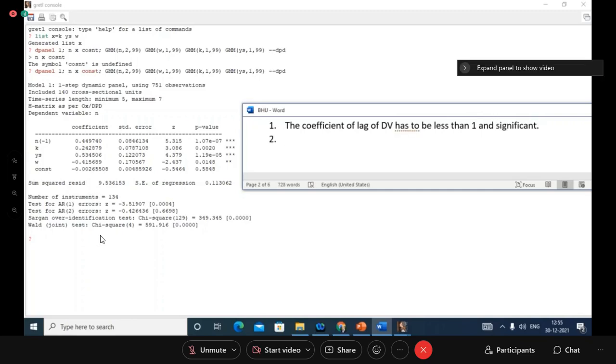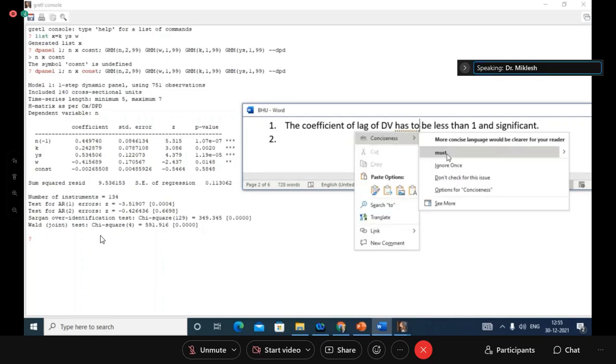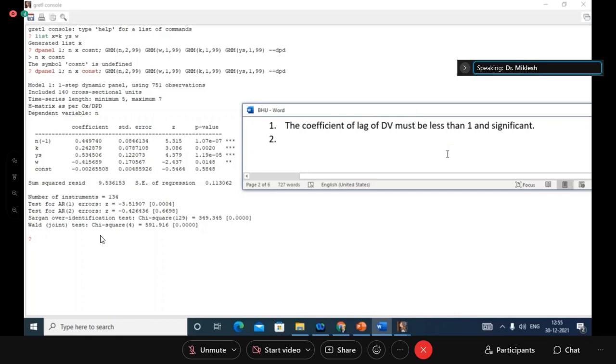First condition. The lag coefficient must be less than 1 and significant.